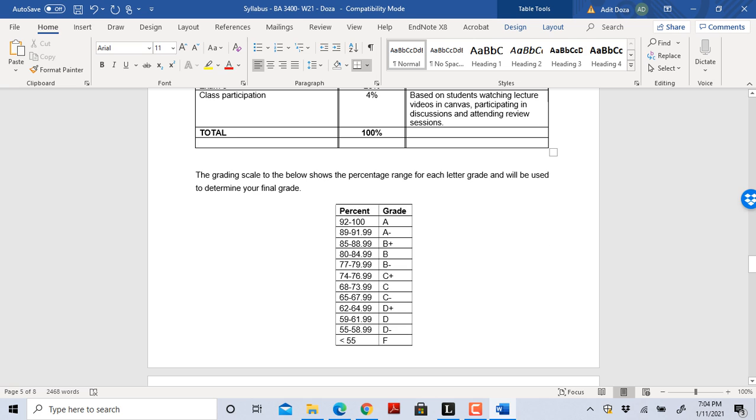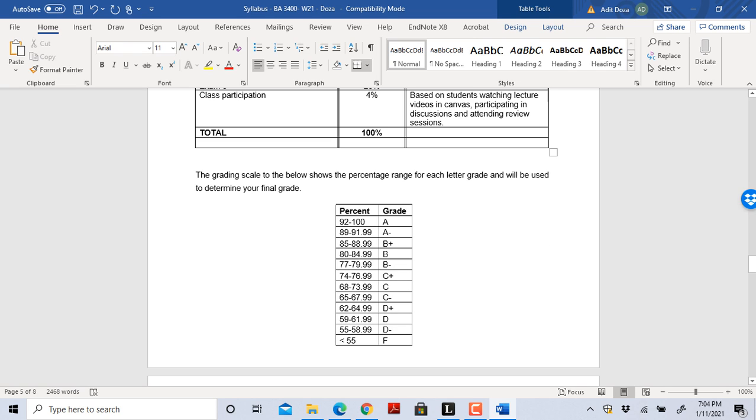Like to get an A, you have to score 92 and above. If you get, let's say, 91.87, it will still be A minus because you haven't gotten more than 92. Okay, so make sure you understand this. Many times you guys email me like, Professor, I missed it by 0.3 or 0.5.